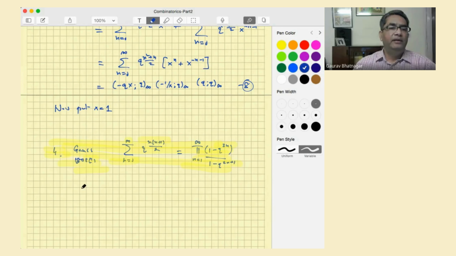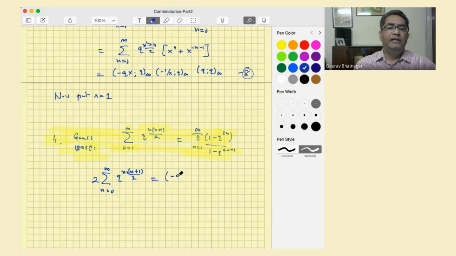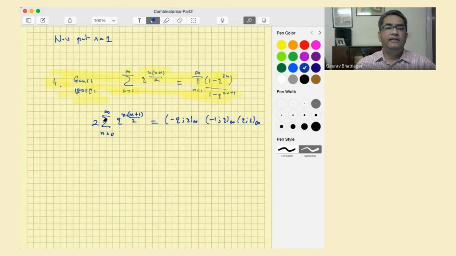So you get, well, on this side, you'll get 2 times q raised per n plus 1 over 2, n going from 0 to infinity. And on this side, you will get minus 1 q infinity, and you'll get q infinity. And we want this business right here, and this 2 should cancel.